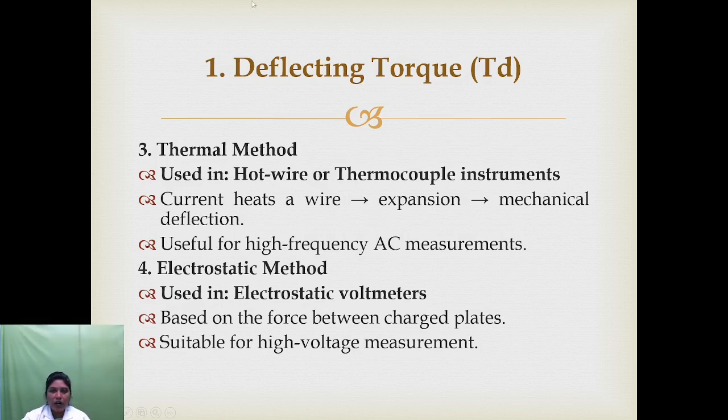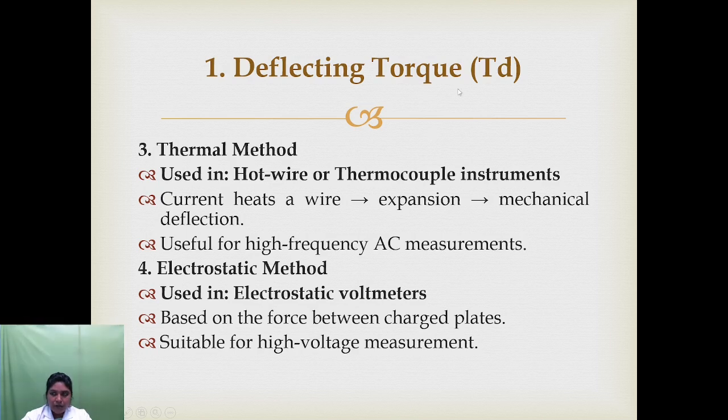Here, in which way is the torque produced? When two dissimilar metals are connected end to end, they form a closed loop, and the two junctions are maintained at different temperatures. Then an EMF is induced, which causes the flow of current in it.